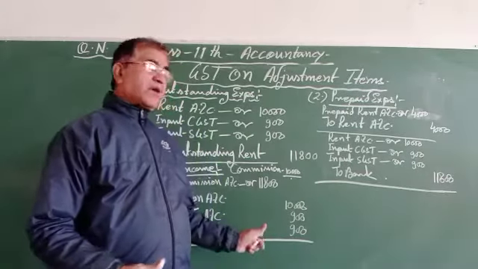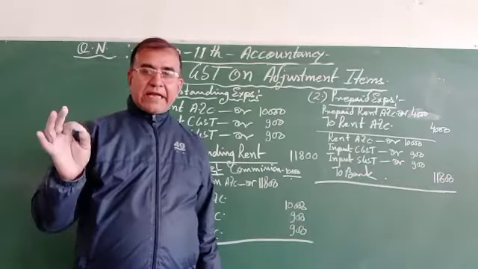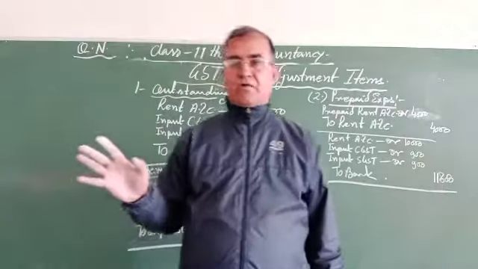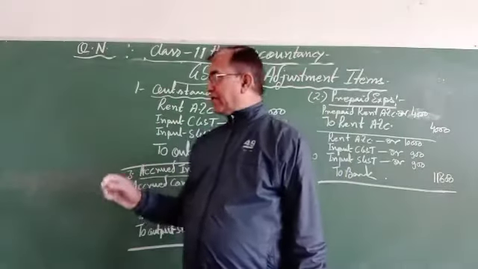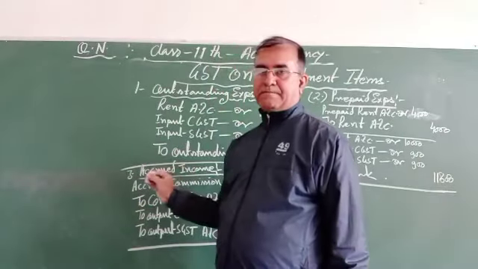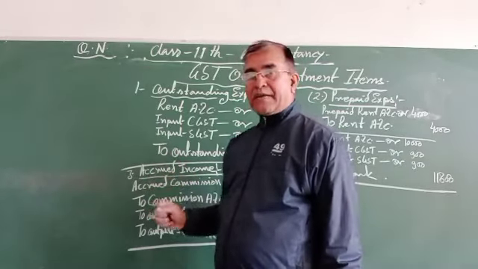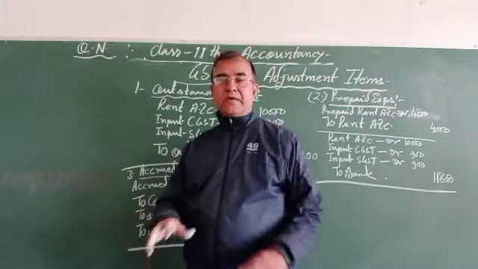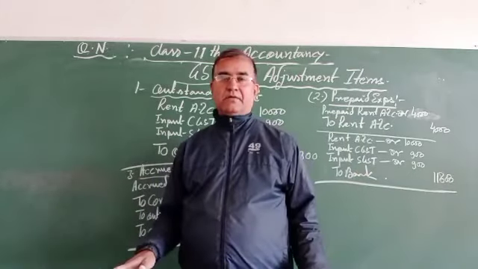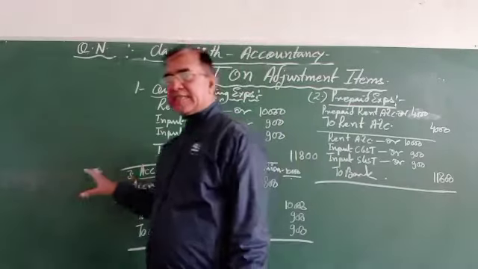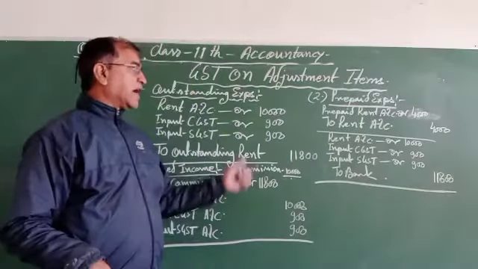This is the proper way. Very funny item you can find in accountancy. But some mistakes may be committed by the accountant, your question will be wrong. So be careful in adjusting the GST on final account.